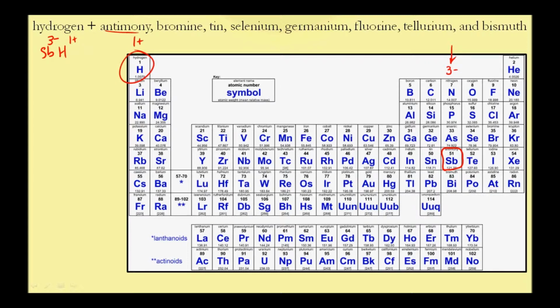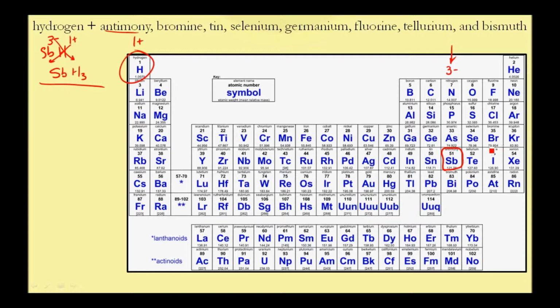To balance out the charges, we switch the charges and use them as subscripts. So SbH3. So antimony.